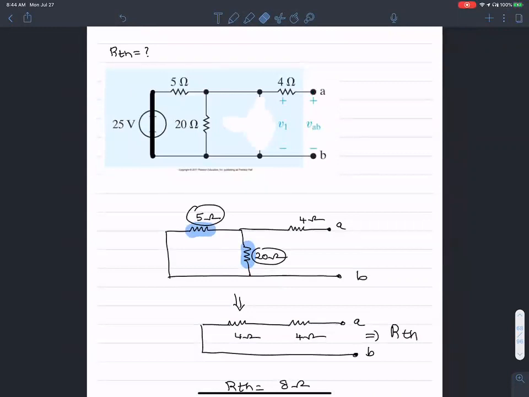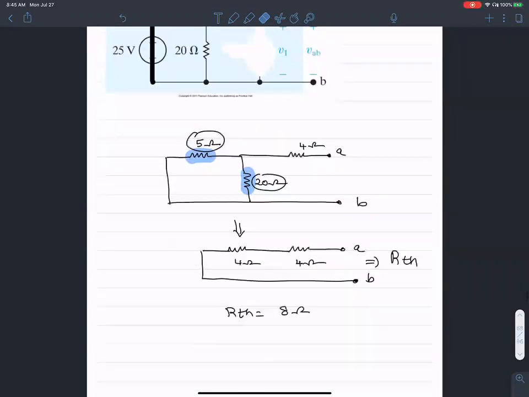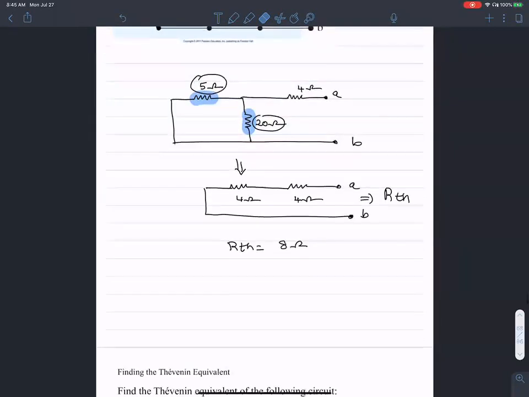I do this for all independent voltage and current sources. That's the idea of Thevenin's equivalent. Therefore, Vthevenin is 32 volts and Rthevenin is 8 ohms.